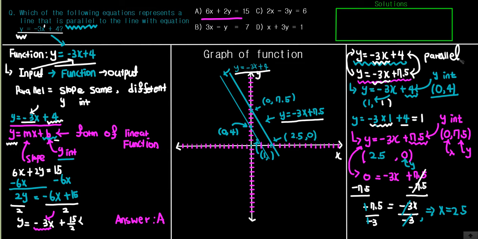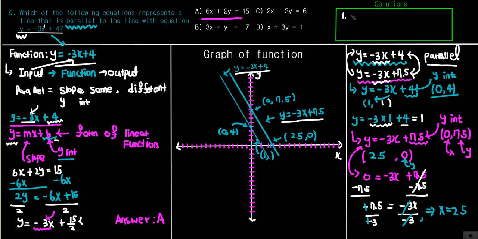So we actually proved that. In this case, we just figured it out through approximate values, but we actually proved that the same slope with different y-intercepts are parallel on the xy plane. So for our solution, we can write it down.